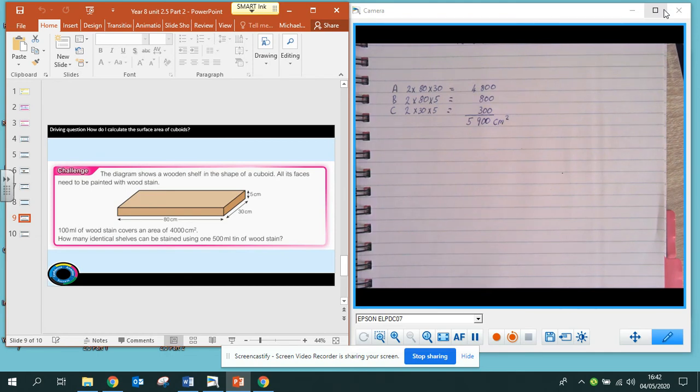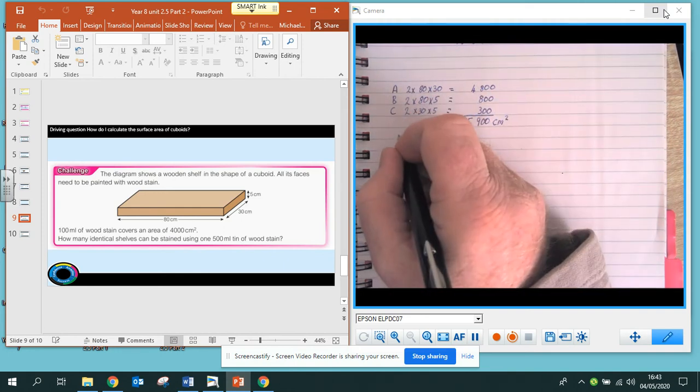So 100 milliliters of wood stain covers an area of 4,000 square centimeters. How much in that case is 500 milliliters going to cover? Well, there's 5 times as much paint, so it will cover 5 times the area.